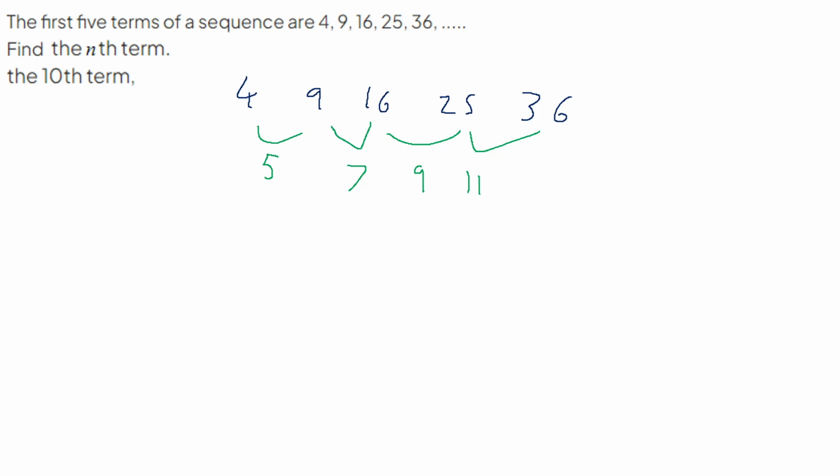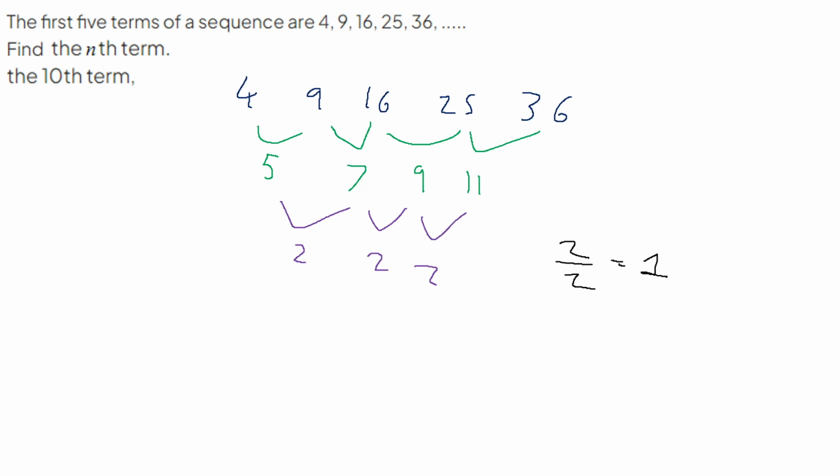Exactly. It also has a common difference, doesn't it? It has a common difference of 2. So what we can do is we can say that this sequence has a 2 divided by 2. We always divide by 2, which is 1.